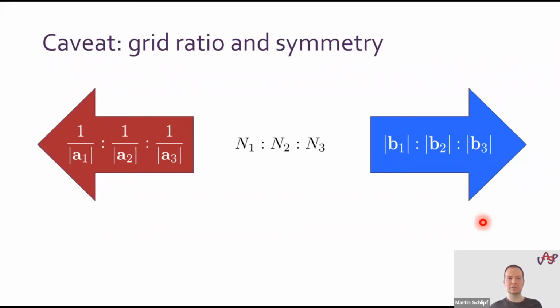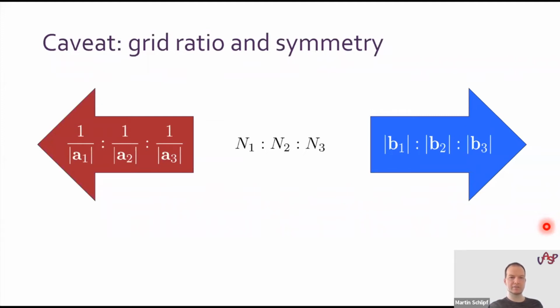So if you know that your system has some of these more complicated symmetries, not a perfect cubic symmetry, and also not a trivial symmetry where there's no symmetry left, then you might want to read up on this section to make sure that you choose the right K-point meshes.